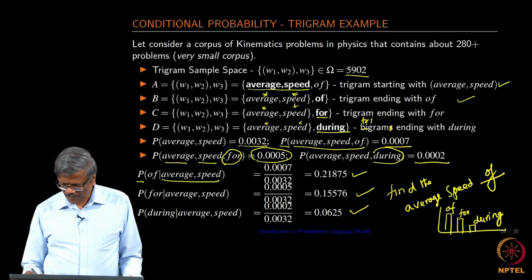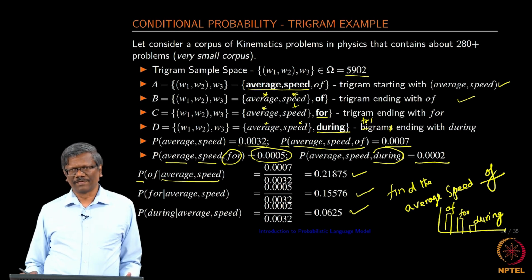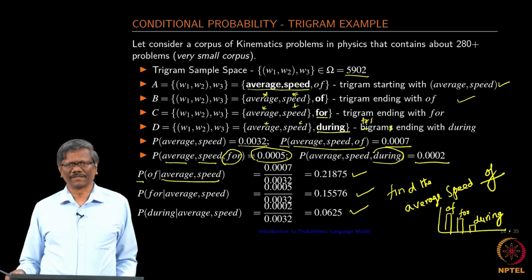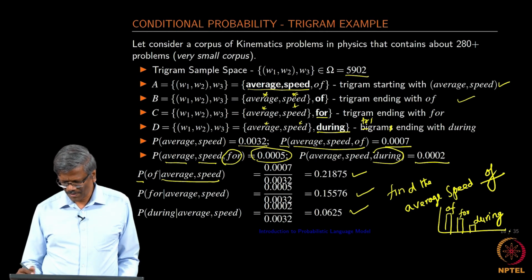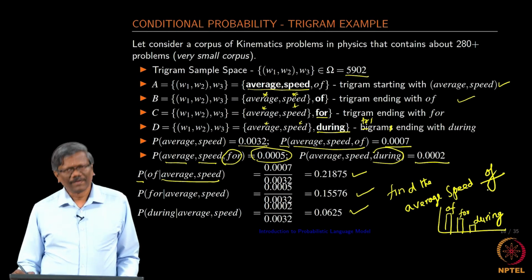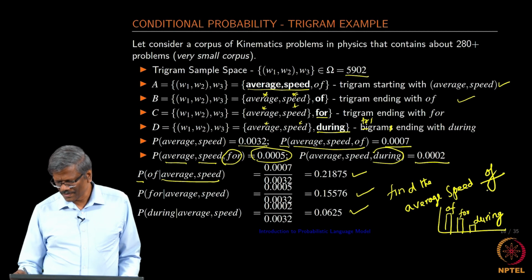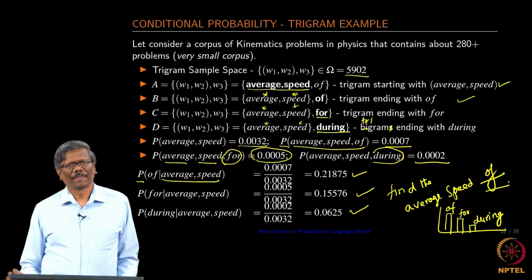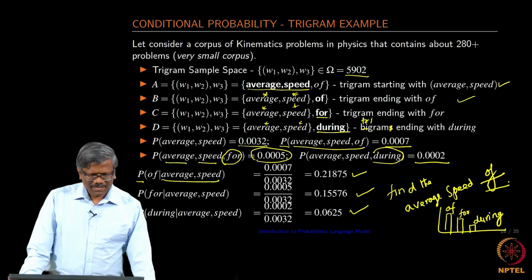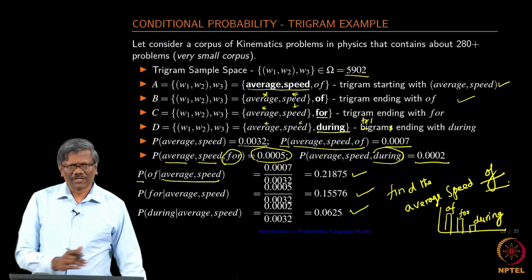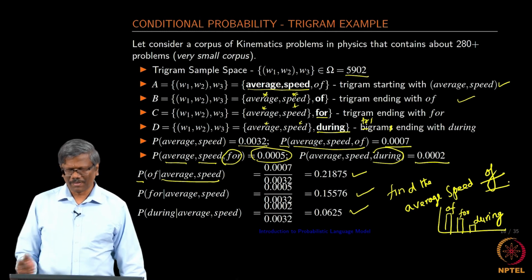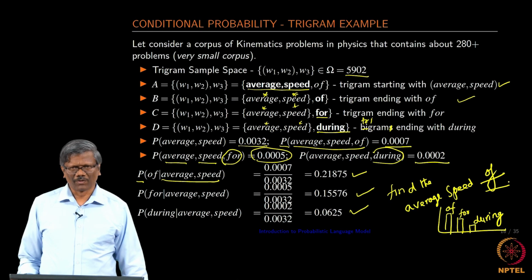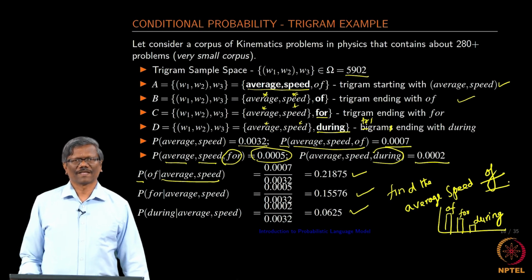So, given the knowledge that this is how the probabilities are available, the most likely word that we will pick is off. Okay. So, I wish you have understood the concept of conditional probability with respect to what we are doing in natural language processing. Okay.